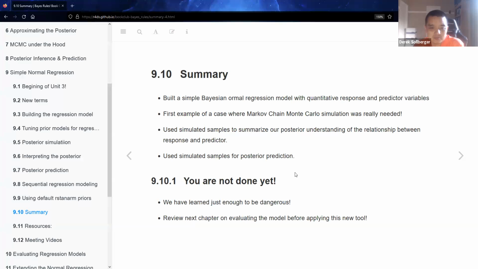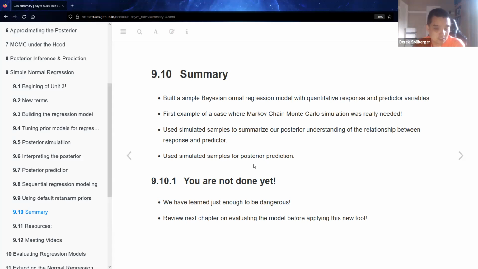Commentary: this feels like the first example of where Markov chain Monte Carlo simulation methods were really needed. We use simulated samples to summarize our posterior understanding of the relationship between the response and the predictor. And we use those simulated samples, that is the many diagonal lines, for posterior prediction.